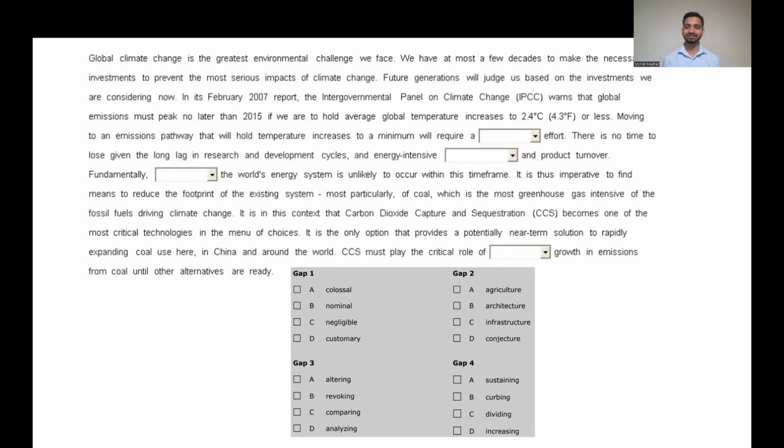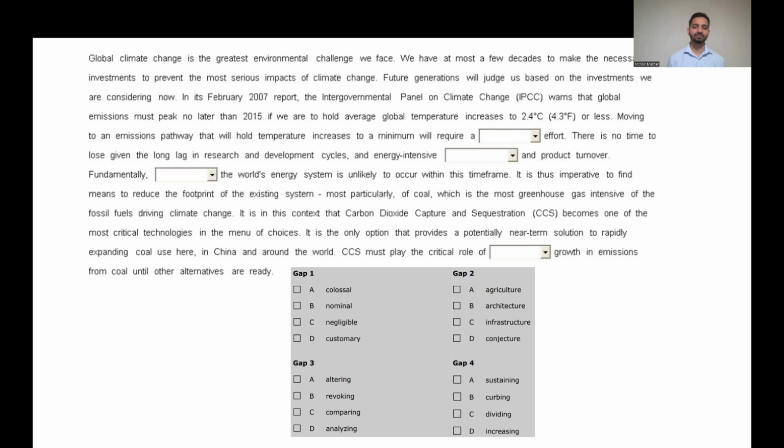It is thus imperative to find means to reduce the footprint of the existing system, most particularly of coal, which is the most greenhouse gas intensive of the fossil fuels driving climate change. It is in this context that carbon dioxide capture and sequestration, CCS, becomes one of the most critical technologies in the menu of choices.